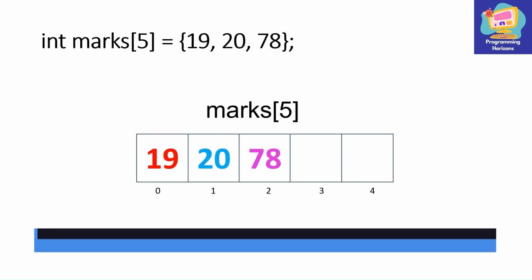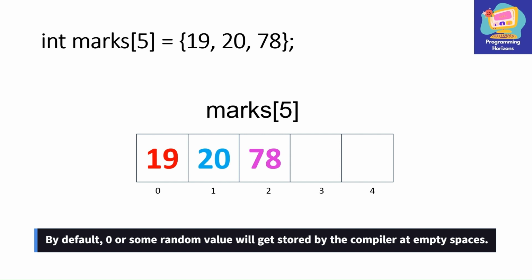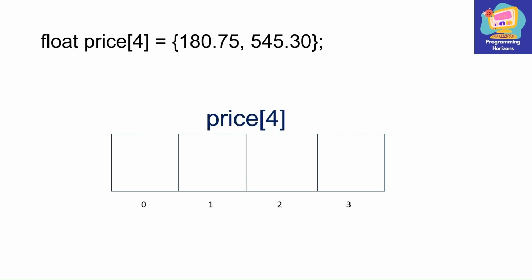Well, the answer is that when we supply no integer value in case of an integer array, then the compiler automatically stores 0 at those empty spaces. Suppose that for my array price of floating point type, instead of supplying 4 different floating point type values, I supply only 2 values. Then what would happen?